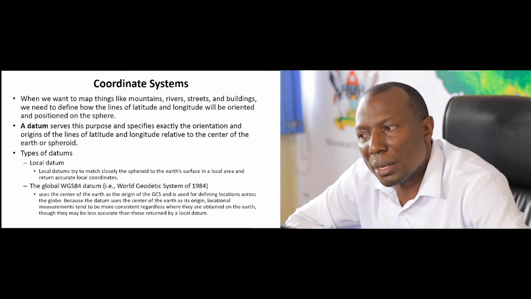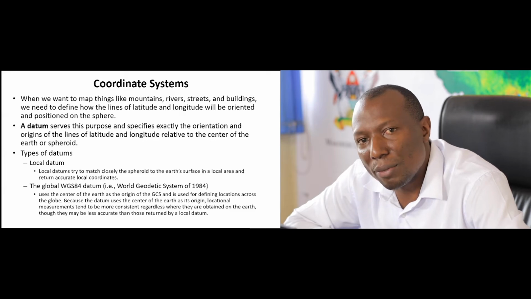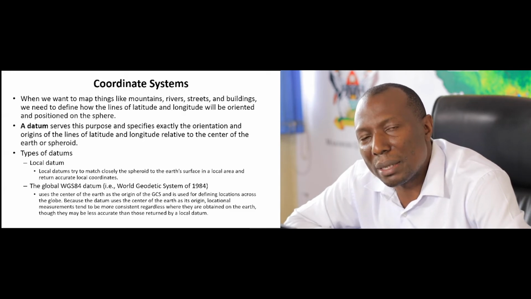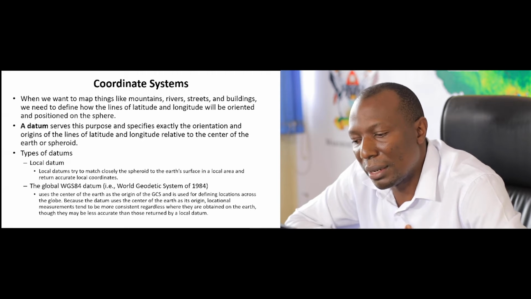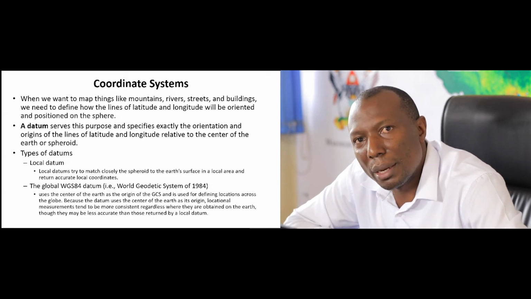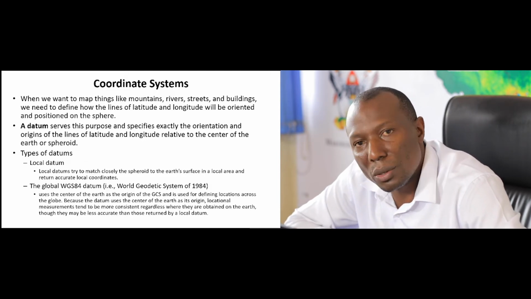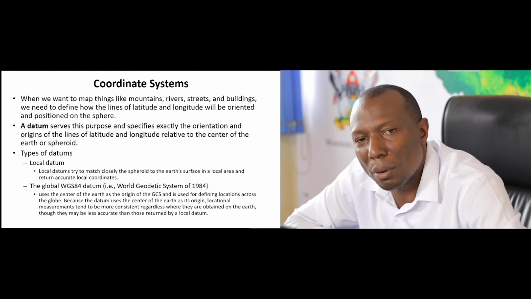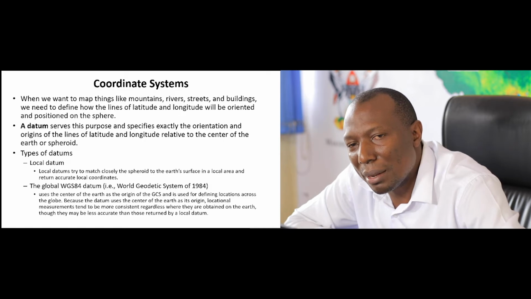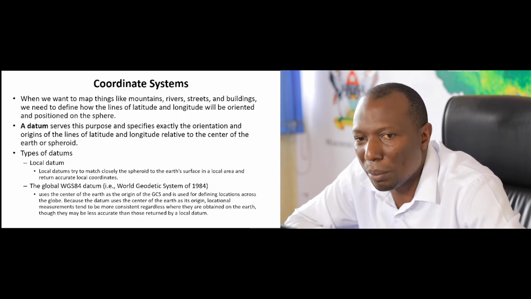You'll find that different countries have different datums, but when you see the word WGS 84, it basically means we are determining our locations and measurements based on the global system, which is the World Geodetic System. And if you're in Rwanda and you're developing maps, you'll see WGS 84, UTM Zone 35 South.